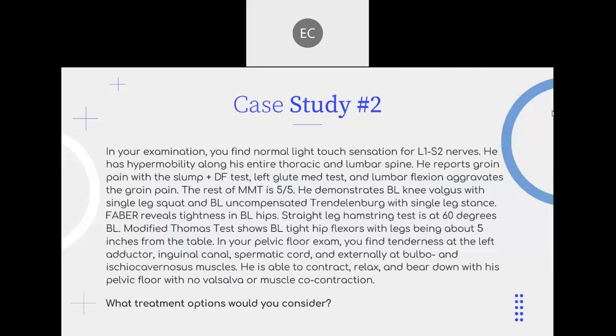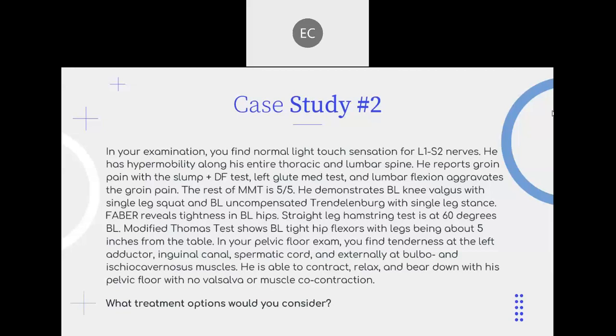In your pelvic floor examination, you find tenderness at the left adductor, the inguinal canal, spermatic cord, and externally at the bulbospongiosus and ischiocavernosus muscles. He is able to contract, relax, and bear down with his pelvic floor, and he's not Valsalvaing, and there's not really any other muscle contraction.